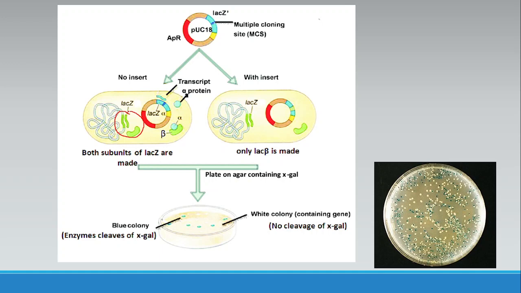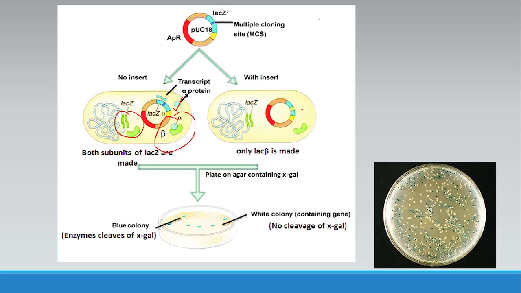Sorry, the carboxy portion is synthesized by the host. It lacks the alpha peptide region. Now the vector is going to synthesize the alpha peptide portion of the enzyme, the beta galactosidase. So there is gene complementation. Now we have the functional beta galactosidase enzyme, since there is no insert of foreign DNA into this region.